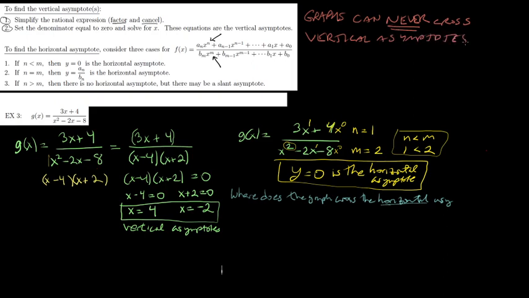If a graph crosses a vertical asymptote, then it wasn't an asymptote to begin with. So when you have a vertical line like this, for it to be an asymptote, the graph can get close to it, but it can't ever cross it.